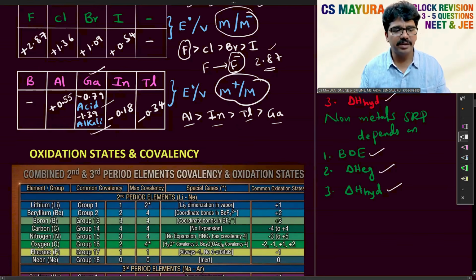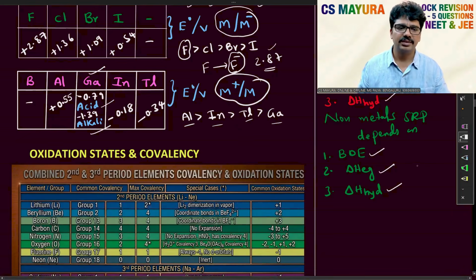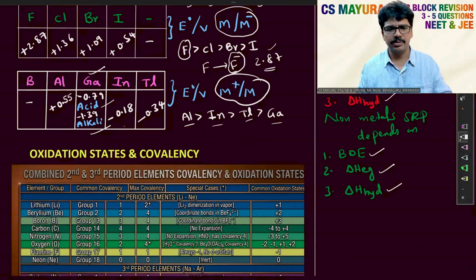In alkaline medium, its SRP value is -1.39. So, in which medium does gallium have higher SRP? Acidic medium. In which medium does gallium have lower SRP? Basic or alkaline medium. They may ask questions like that, statement type questions or assertion-reason type questions. So this is a fact based on NCERT.